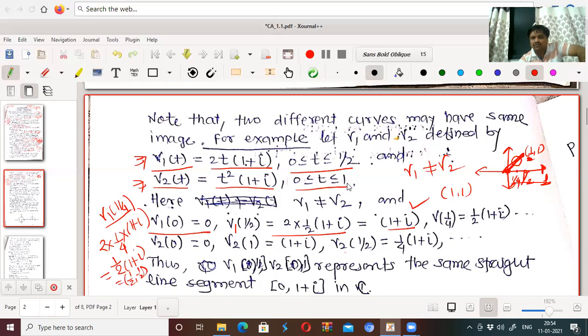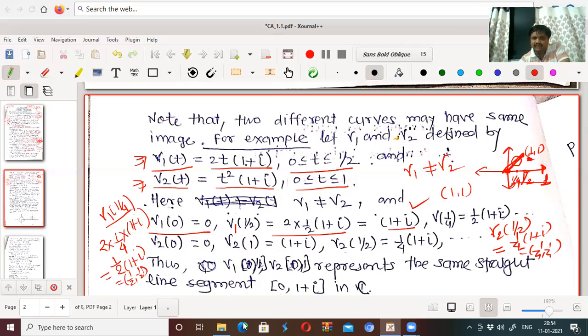Now in between 0 to 1, if I take gamma 2 at 1 by 2, this becomes 1 by 4 into 1 plus i. That means a point 1 by 4 comma 1 by 4, which lies on the line joining 0 0 to 1 1.